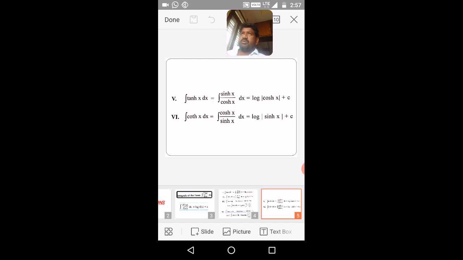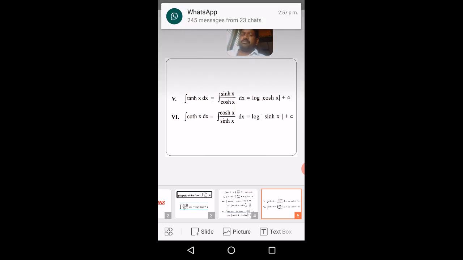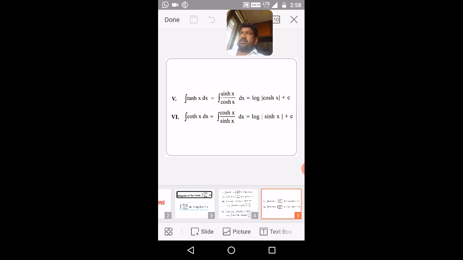To use this standard form, you just have to know the relation between the two parts, that is the numerator and denominator of the integral: the derivative of the denominator should be the numerator. You have to observe that if the numerator is the derivative of the denominator in a given integrand, then it is directly equal to log f of x plus c.